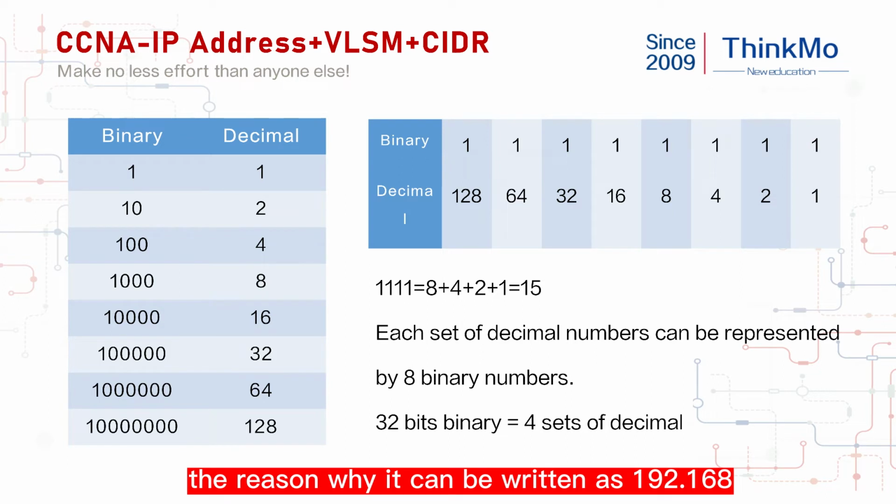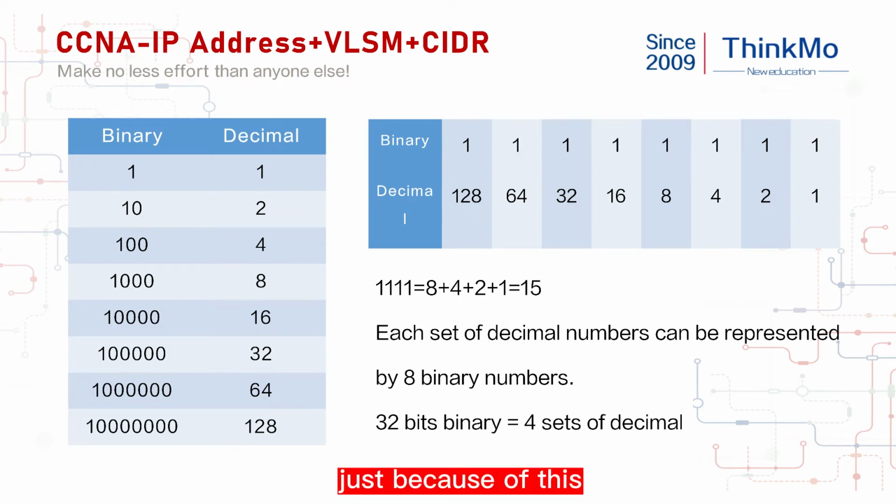The reason why it can be written as 192.168 is just because of this. Because all 8 binary digits can be expressed in decimal, their lengths are exactly equivalent. Then let's study exactly how they are calculated.